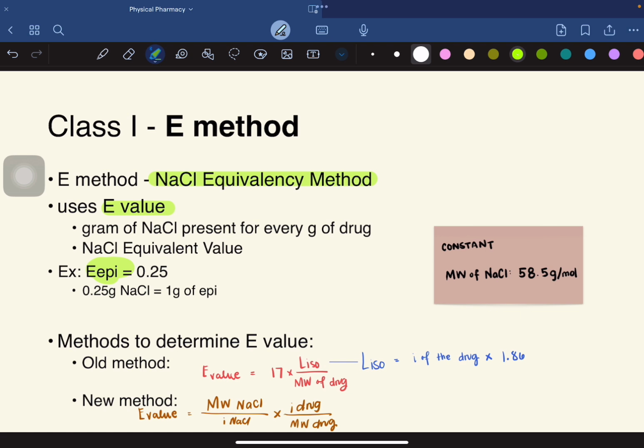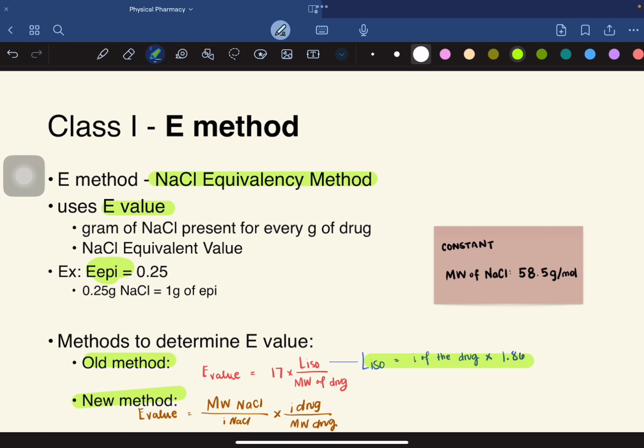So what happens if the E value is not given? Then, syempre, we will have to compute. So there are two methods in determining your E value. So we have your old method and new method. So the old method of computing for your E value is 17 times L-iso over molecular weight of the drug, where L-iso is the Van Hoff factor of the drug times 1.86.